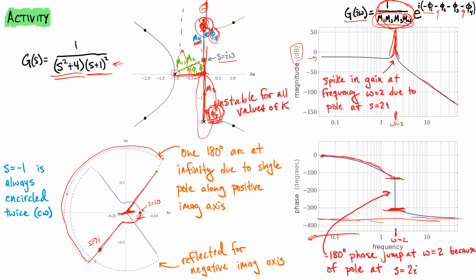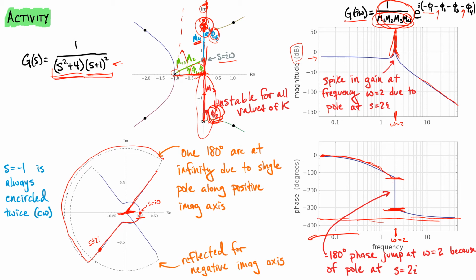All right, so now the trick is to look at the Nyquist diagram and be able to determine stability. If we look at our open loop transfer function, we have no unstable poles. So that means that if we have any encirclements, we will have an unstable closed loop system.